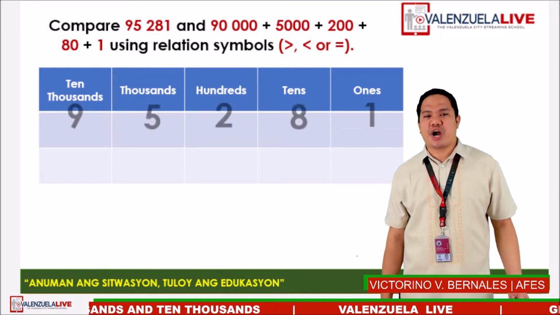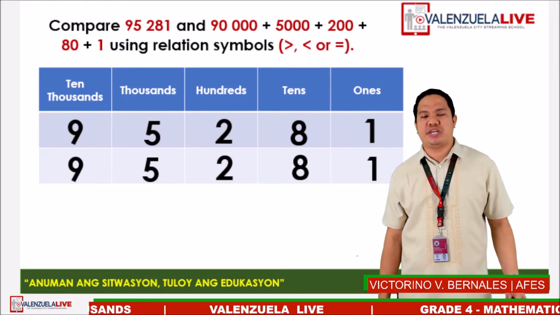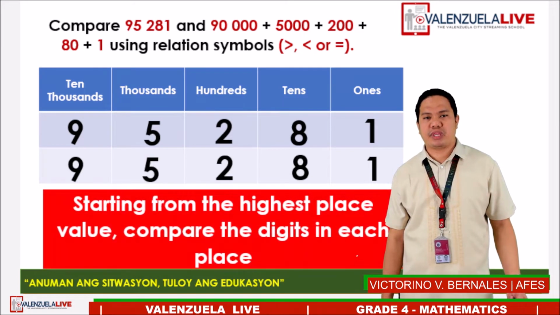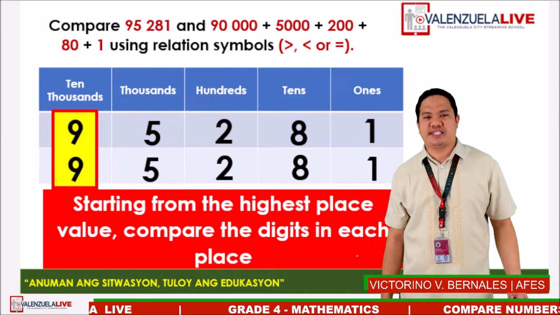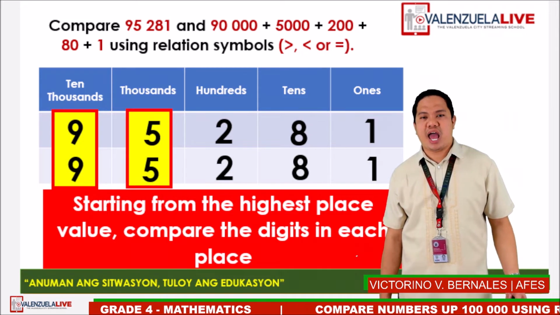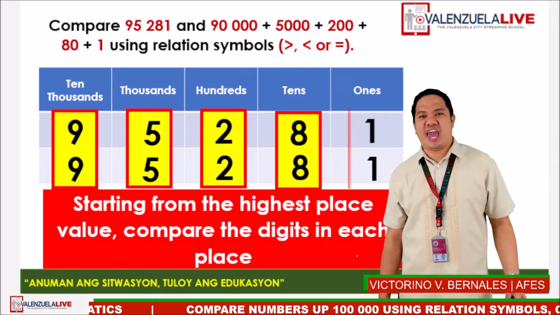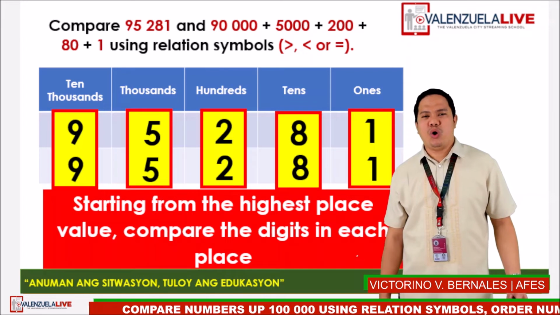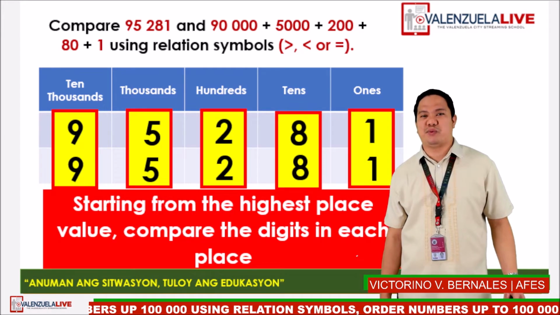Again, starting from the highest place value, we have to compare the digits in each place. Starting in the 10,000s place, thousands, hundreds, tens, and ones. What have you observed about the digits under the same place value?